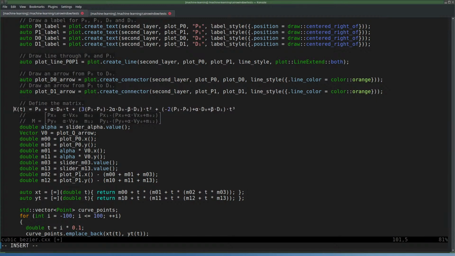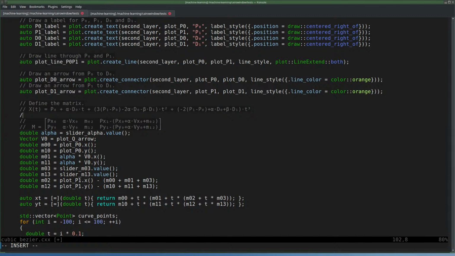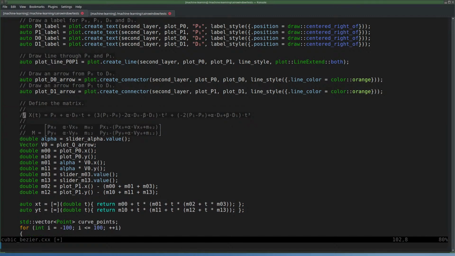So we want that. Well, it means that the matrix is looking as follows, and these are two equations for x and for y, and it just means that for x the top row of the matrix applies and for y the bottom row of the matrix.